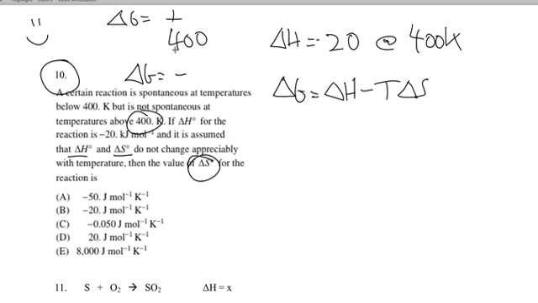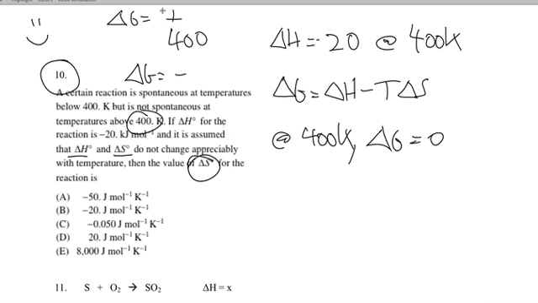Now, here's the deal. They say a certain reaction is spontaneous at temperatures below 400, but not spontaneous above. So we can assume that at 400 K, delta G is equal to 0.